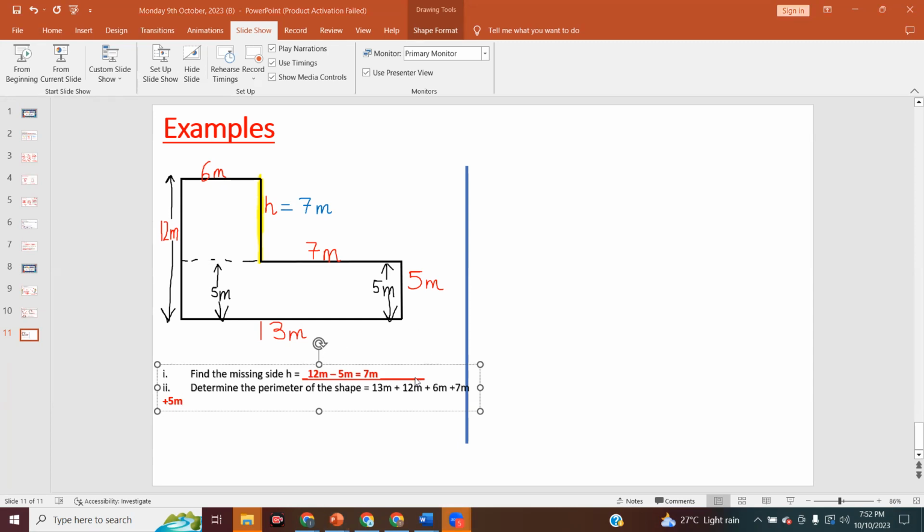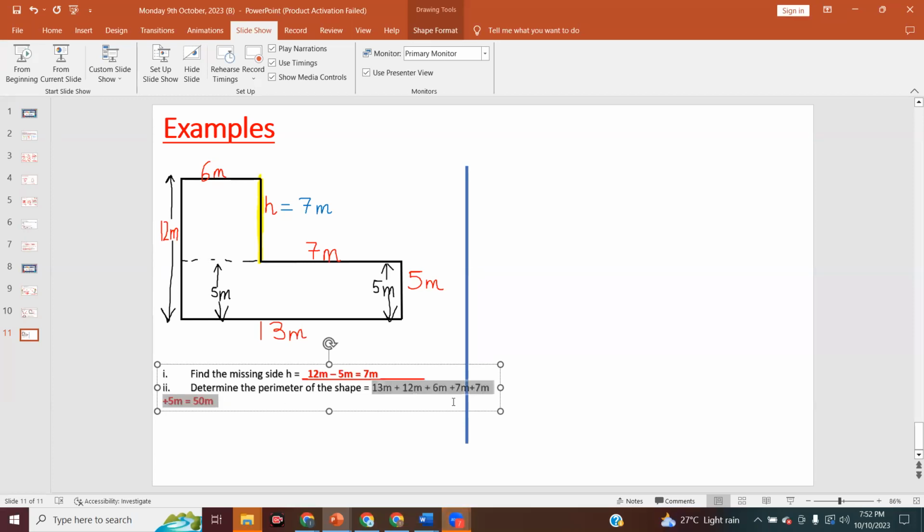You missed the next 7. So 13, 12, 6, 7, 7, plus 5. That's 13 plus 12 plus 6 plus 7 plus 7 plus 5, which is exactly 50 meters. So the answer here is 50 meters.